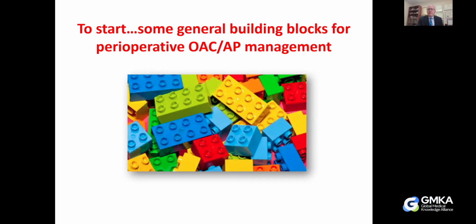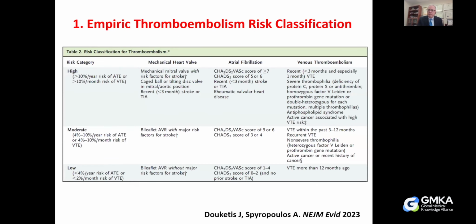Before we get into the cases, I'd like to share with you a few building blocks, some foundational principles, if you will, on perioperative anticoagulant and antiplatelet management. What are these? The first is that when we see patients, we want to assess their baseline risk of thromboembolism or stroke.